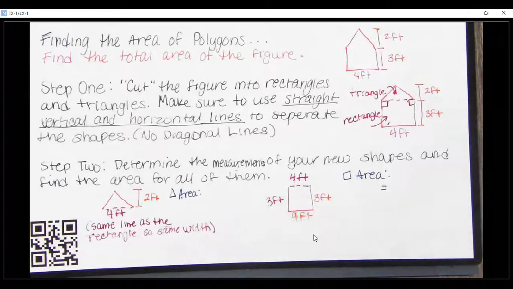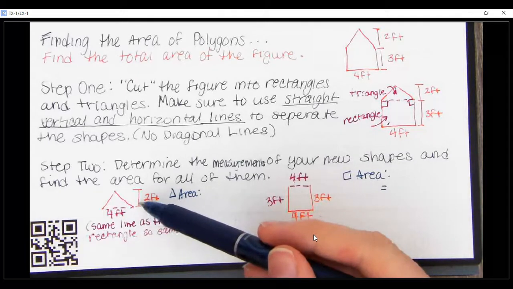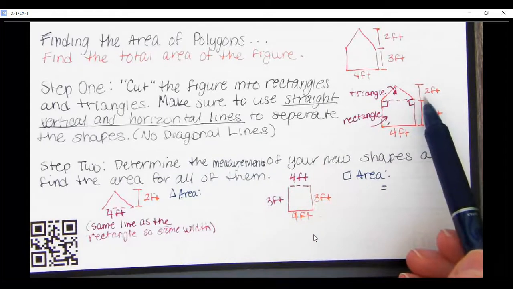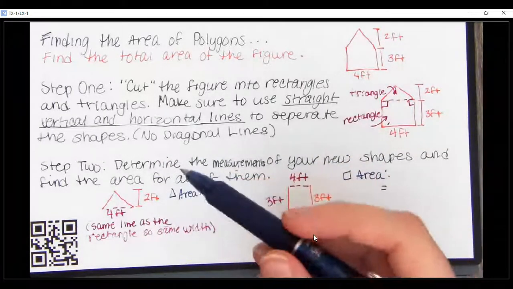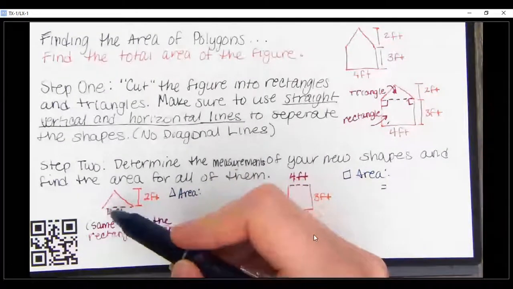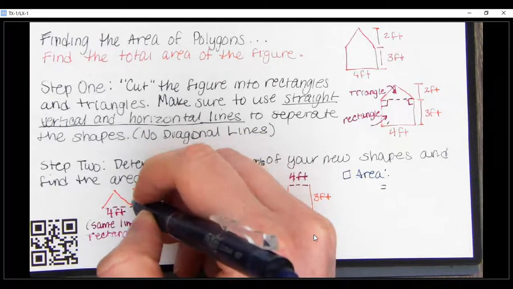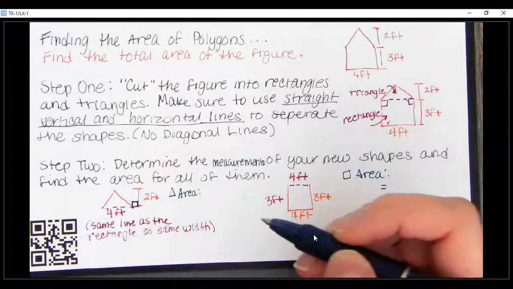From here, you can find the area of each shape. Starting with the triangle, I see that I have a straight line going up from my original drawing. That is 2 feet. And this would have been given to you in your problem. So that is going to be my height. My 4 feet is going to be my base. And again, I know that because technically there's a 90-degree angle right here.